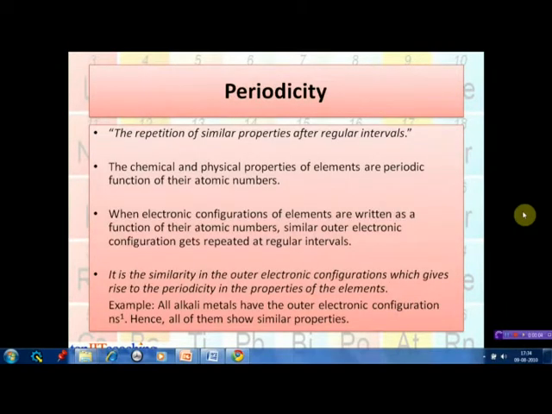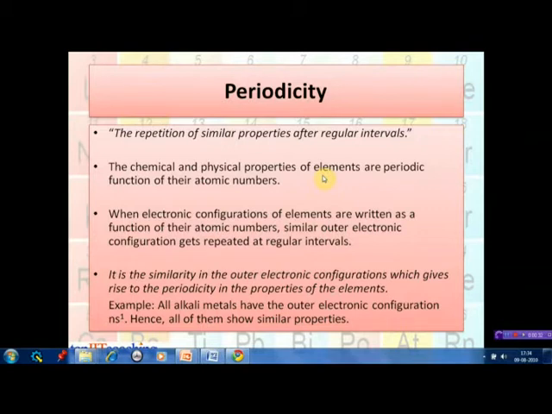Periodicity. Periodicity is the repetition of similar properties after regular intervals. While studying the modern periodic law, we learned that the chemical and physical properties of elements are periodic function of their atomic numbers. Now, the electronic configuration of an element is determined by its atomic number. So, the physical and chemical properties of elements are determined by their electronic configuration.